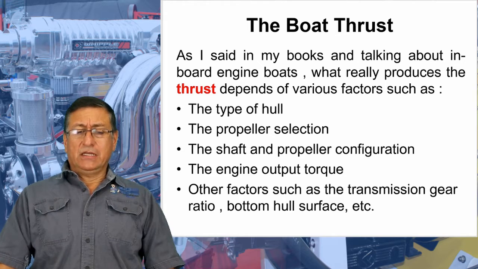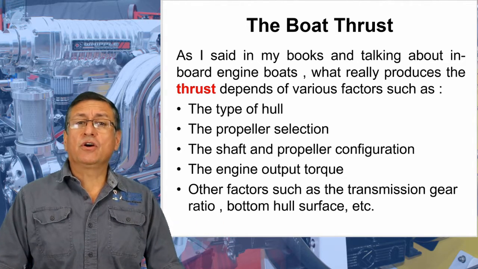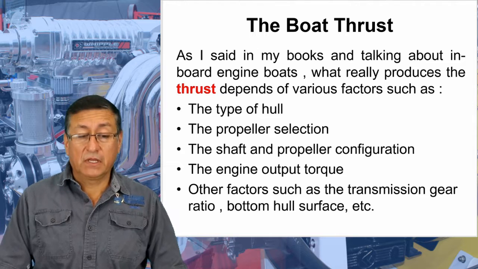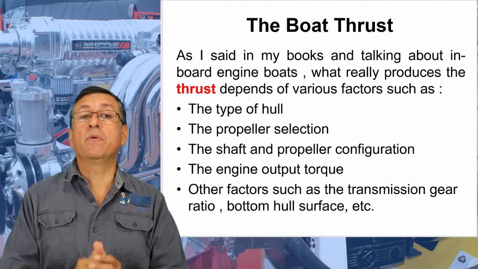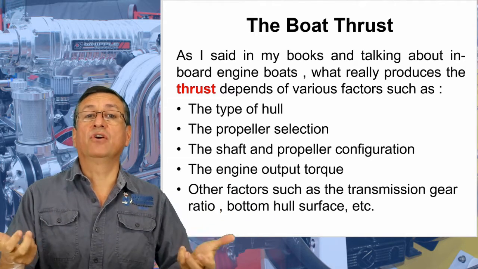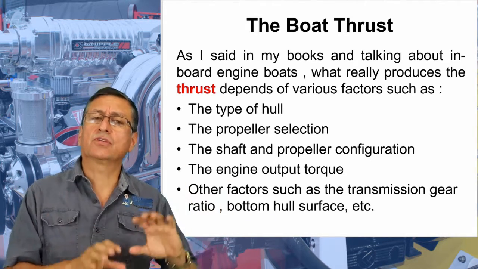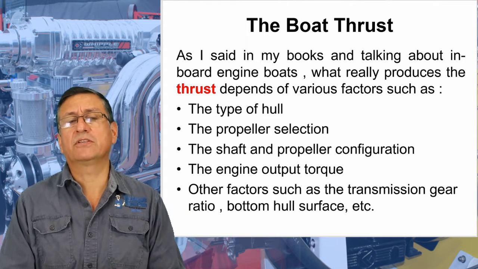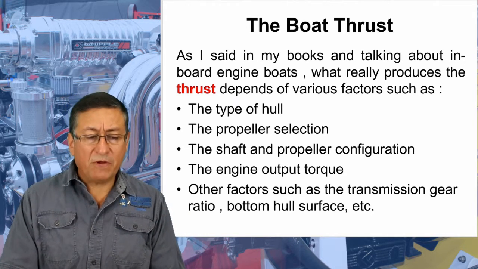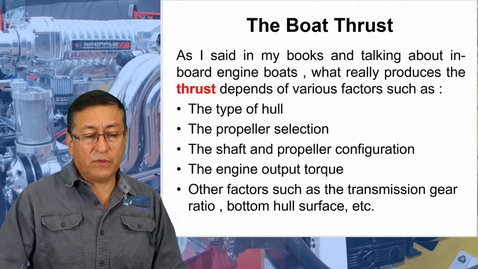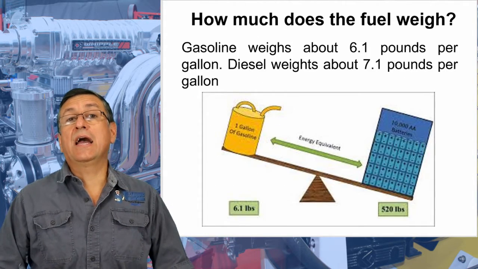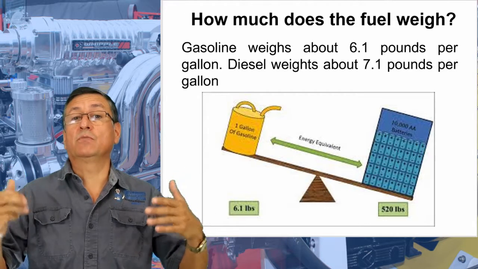Other factors like the gear ratio of the transmission are critical, and the quality of the bottom of the boat, the surface, in order to avoid drag. All of those factors affect the final performance of the engine. Alright, my friends, we are going to analyze the first one, the torque and how to produce the maximum torque.